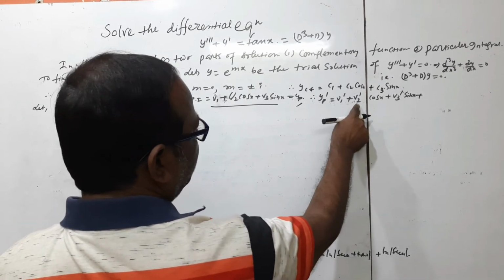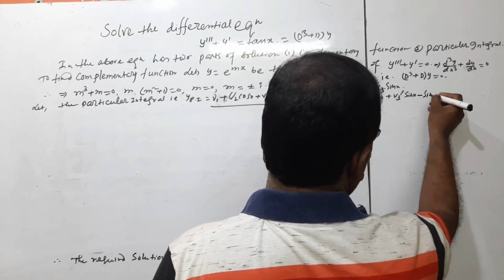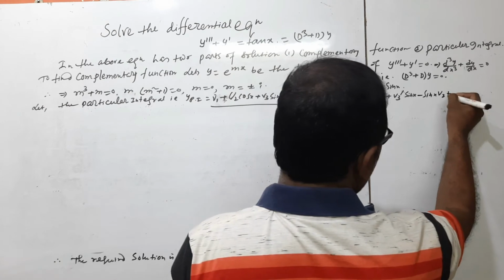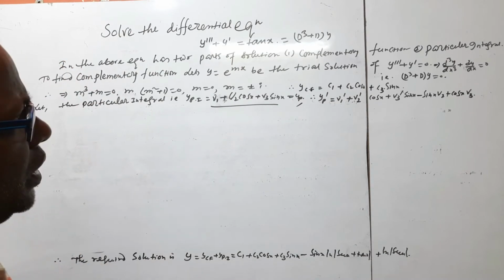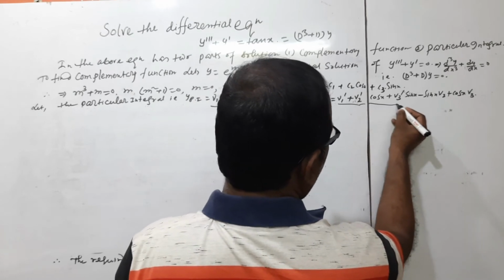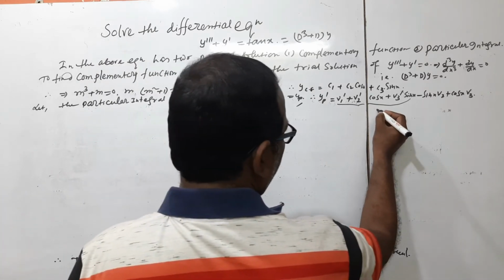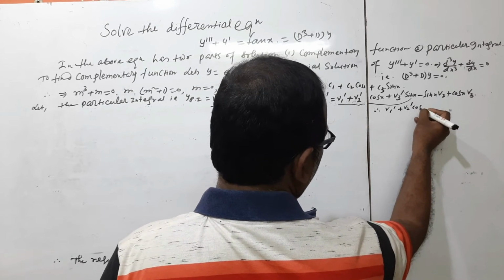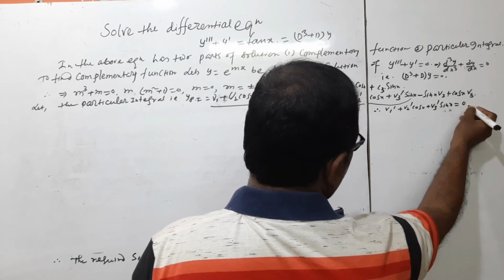So first the derivative of v2 into cos x, and the derivative of cos x is minus sin x, so minus sin x into v2, and the derivative of sin x is cos x, so cos x into v3. The first order part is actually 0. Therefore v1 dash plus v2 dash cos x plus v3 dash sin x is actually 0.